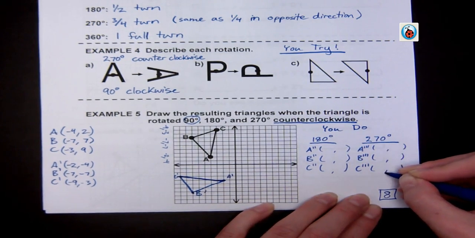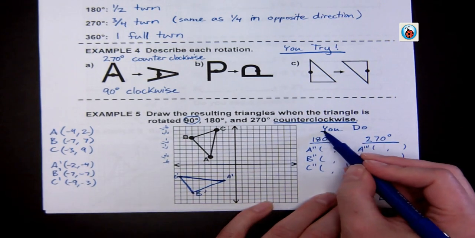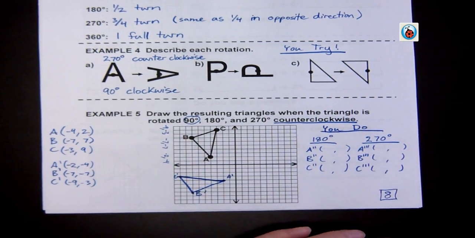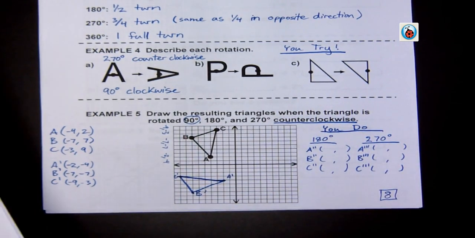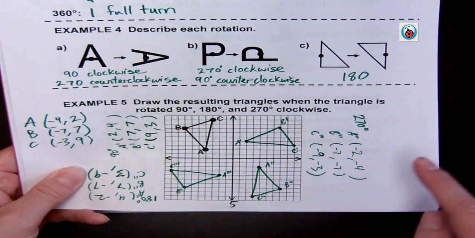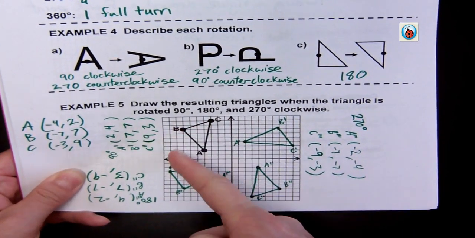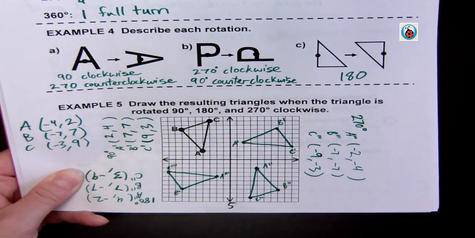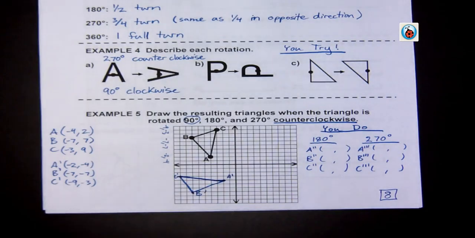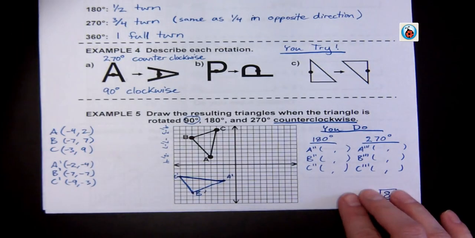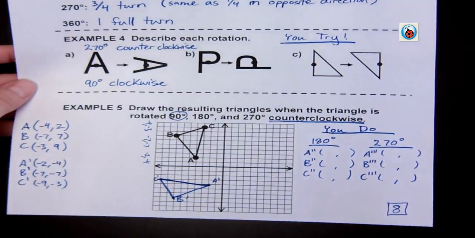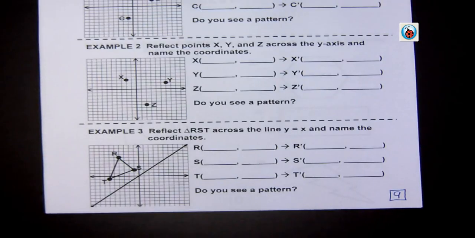And you will both find the coordinates and graph them on here. And your final answer should look similar to this, where it looks like it's just a fan wheel turning all the way around the center. So that is it for our rotations.